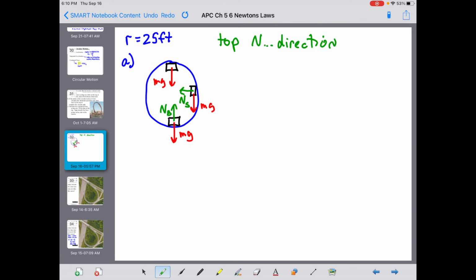If you're going through a loop very slow, then you're hanging out of your seat, you're hanging into the harness on the seat, and that normal force is going up. So that normal force could be either up or down at the top of the path, really depending on the velocity of the object. So then we could draw it in either direction on our diagram.